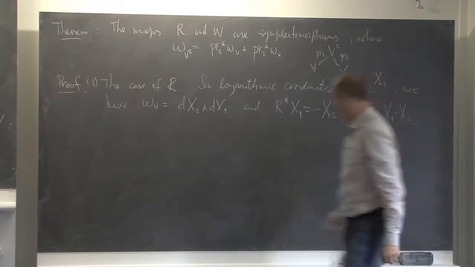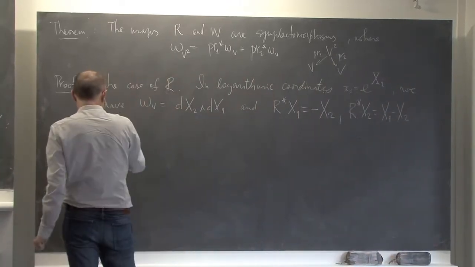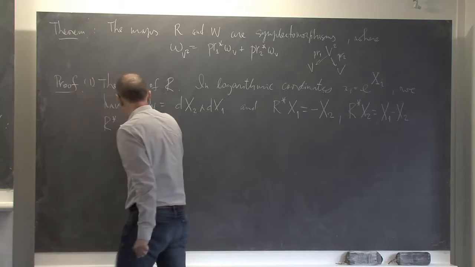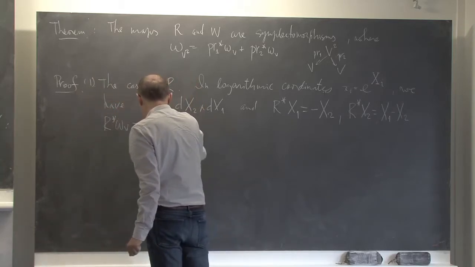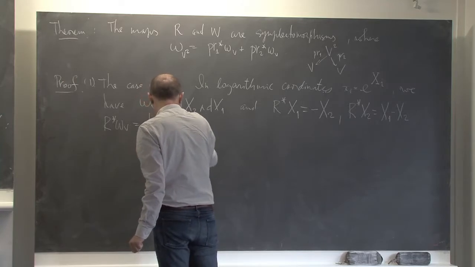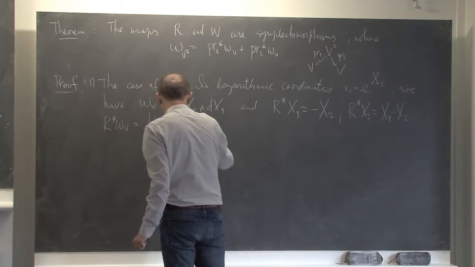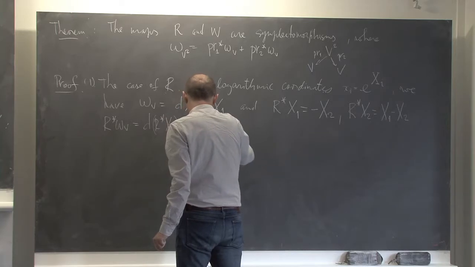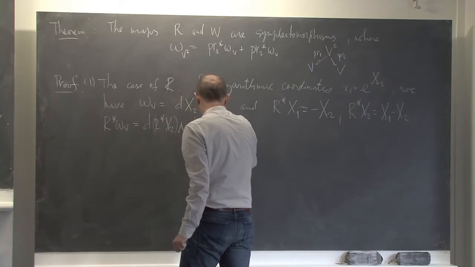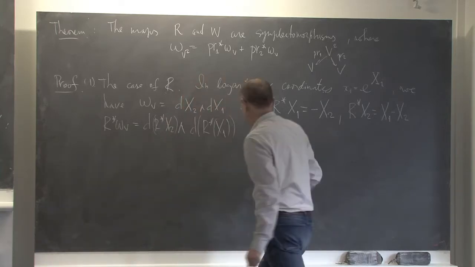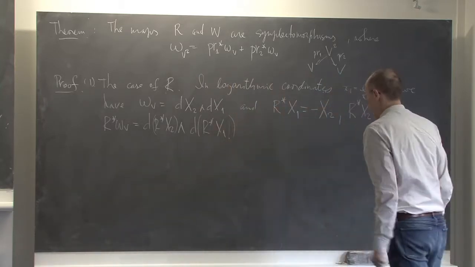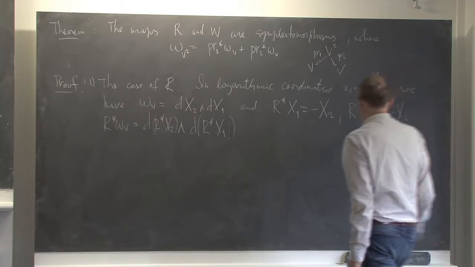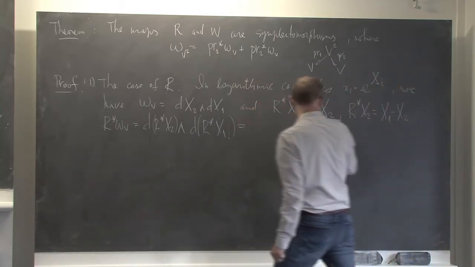Now it's an easy check that R star applied to omega V, what is it? It is d R star X2 wedge d R star X1. I reduce the number of parentheses a little bit, and we use all this.